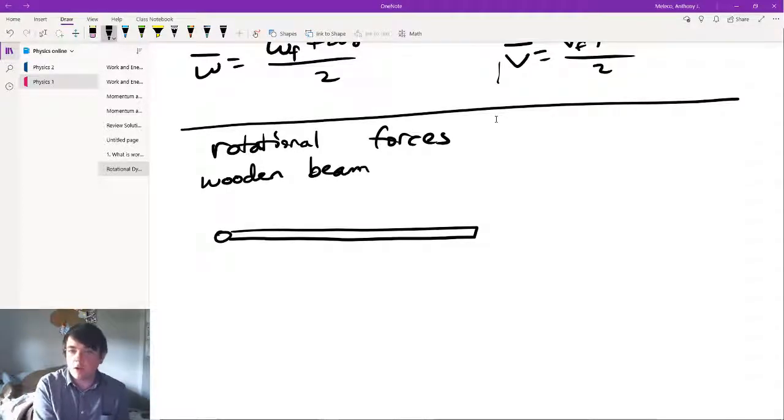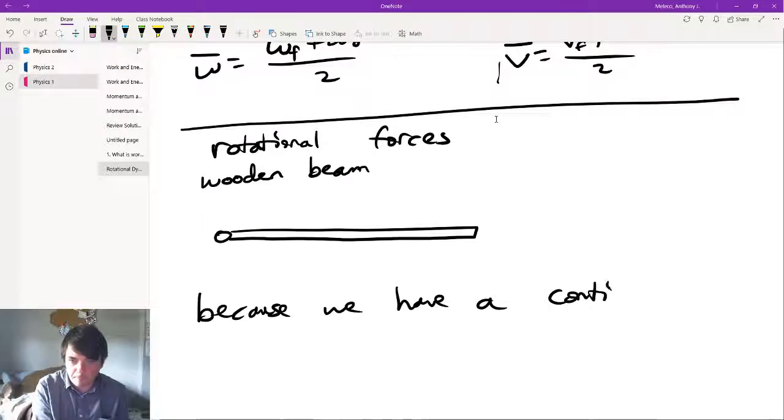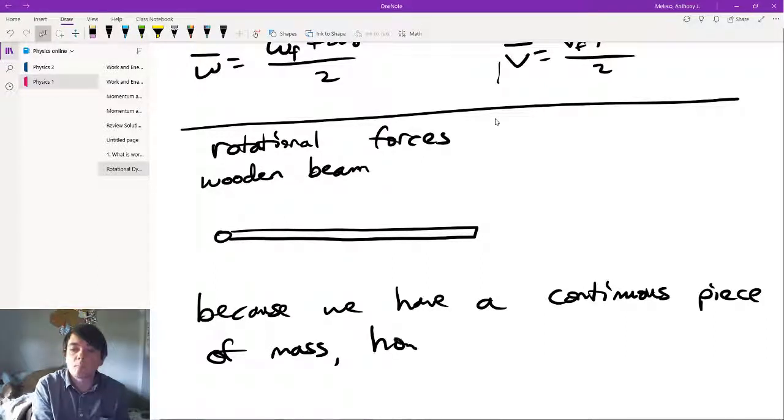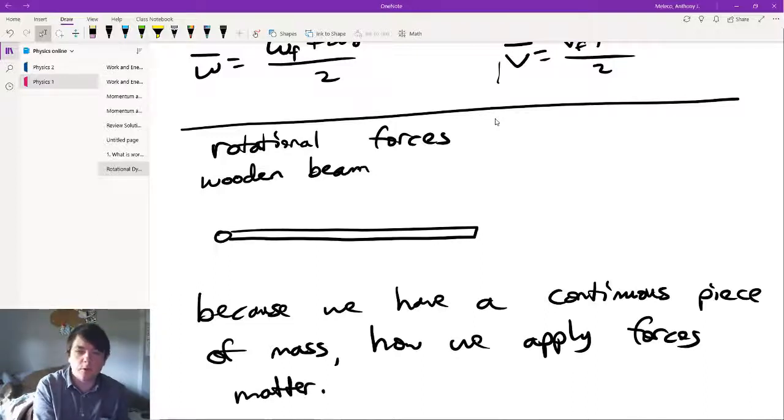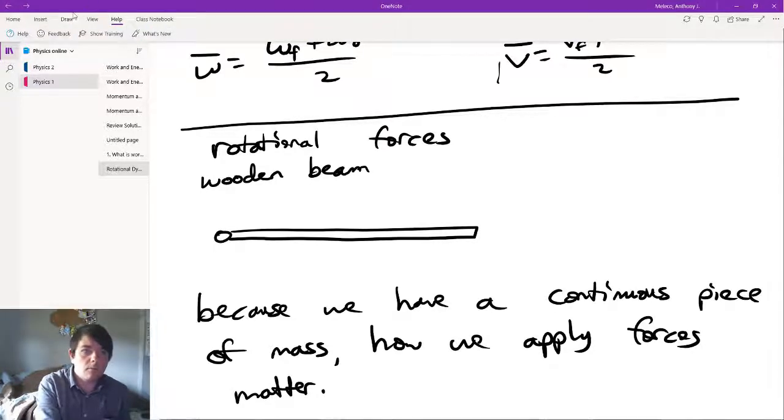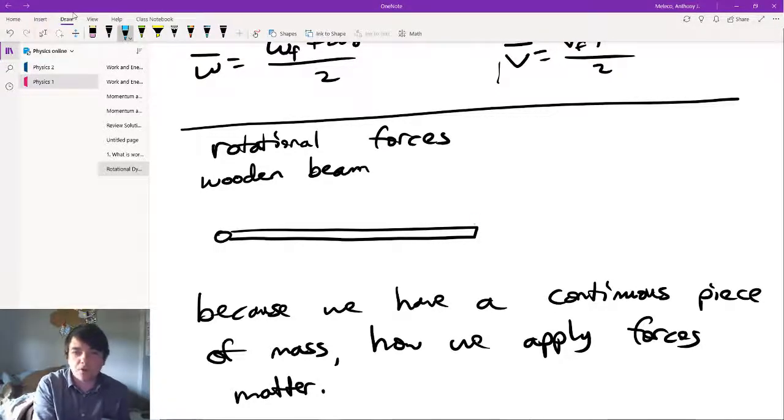Because we have a continuous piece of mass, how we apply forces matters. If I push up here, that's very different than pushing in on the wooden beam.